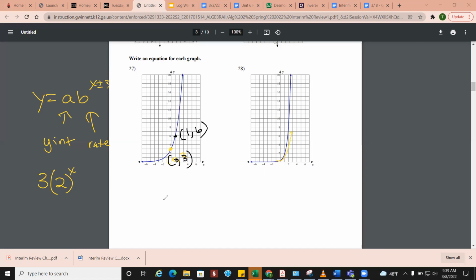So that means that you're going to say x minus some number. It's going to be 1. And you can always check your work by plugging it in Desmos, right? So if I think this is the equation, I would go into Desmos, plug it in, make sure it matches up, okay?